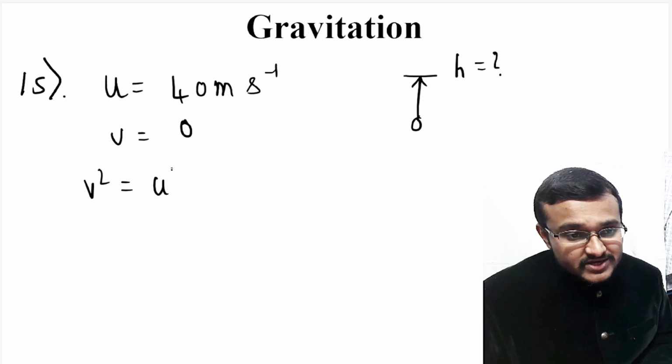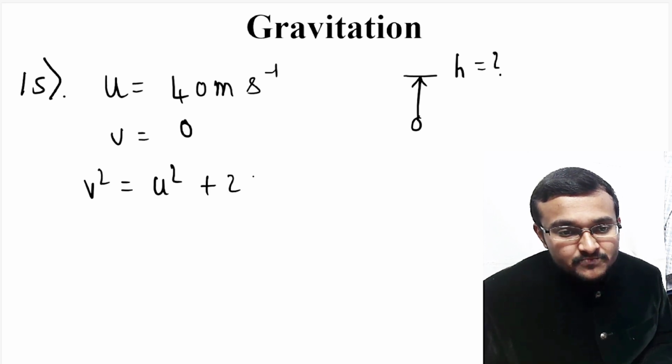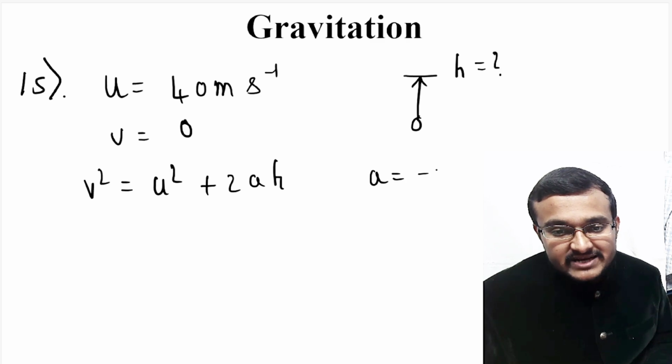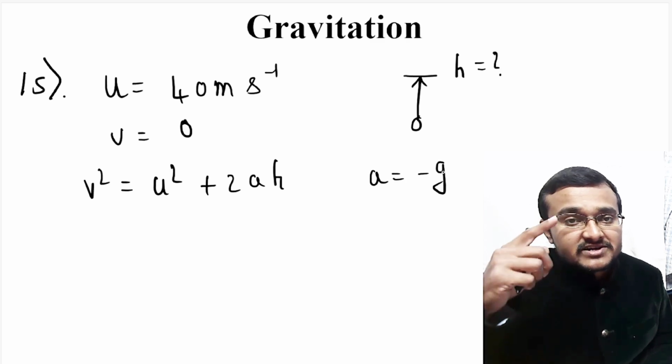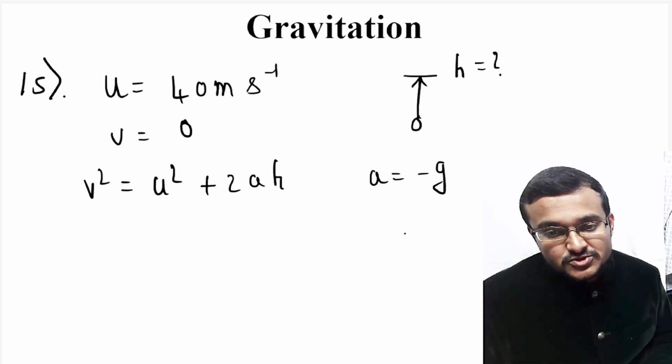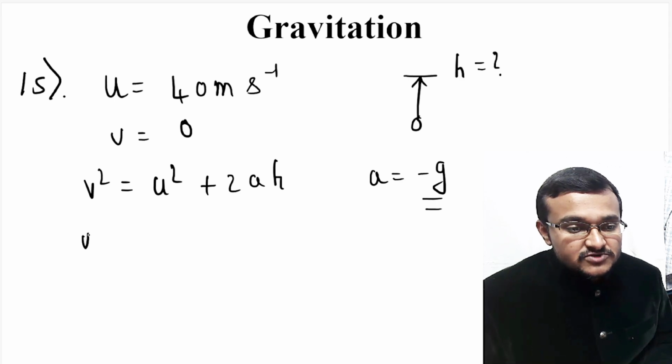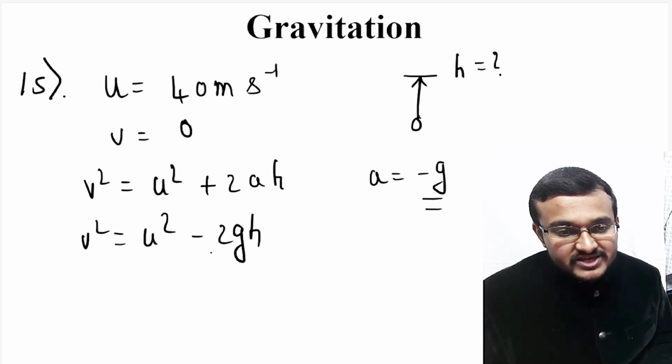So you can use the third equation, that is v square is equal to u square plus 2as. In the place of s, that is distance, I am writing h, that is the height. In the place of a, I can write minus g because it is traveling vertically upwards against the gravitational force. So that's why I am taking minus g. So v square is equal to u square minus 2gh.